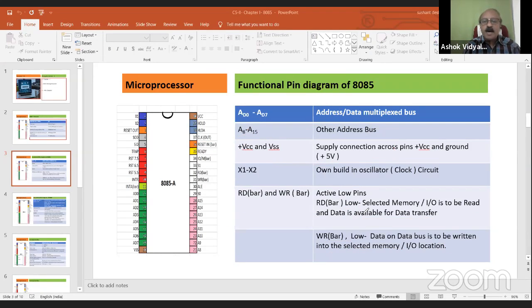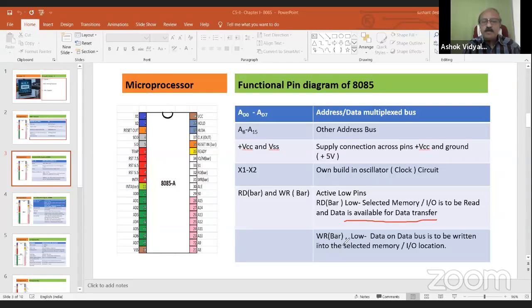So see the wordings. When RD bar is low, the selected memory or IO, IO means input output device, is to be read and data is available for the data transfer on the data bus.